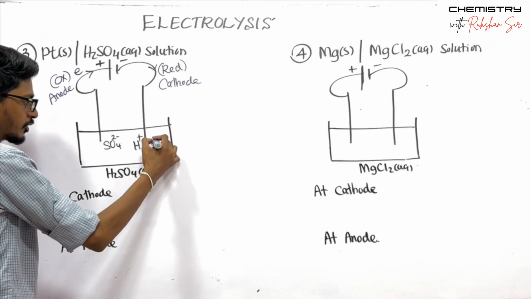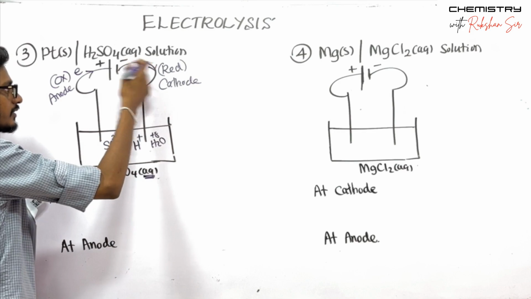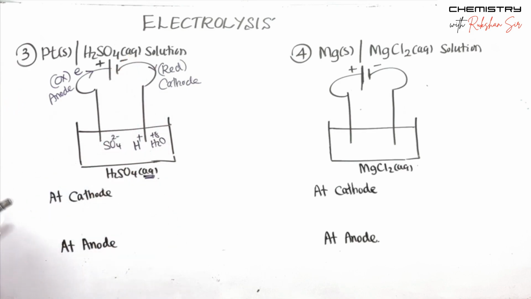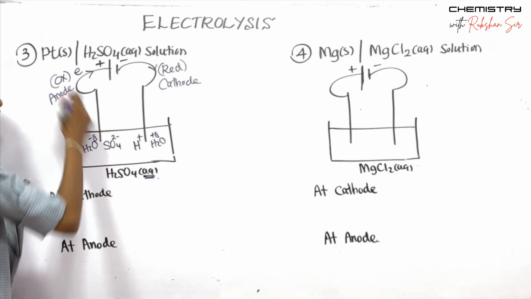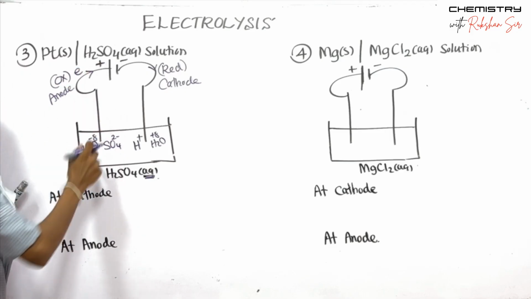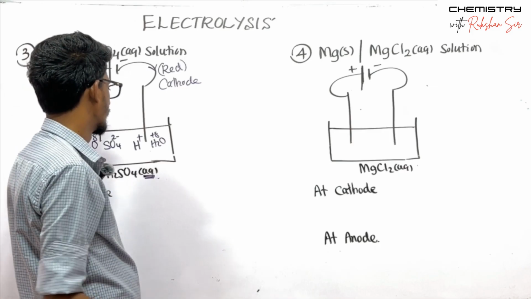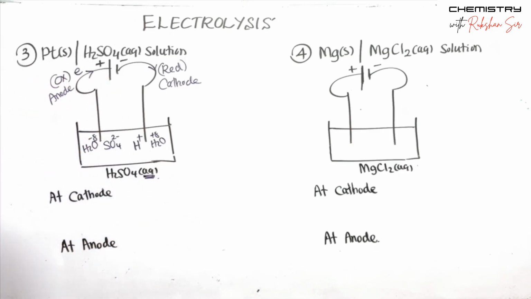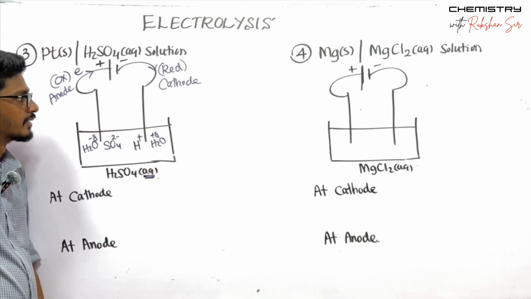So water from its positive terminal is coming towards the negative terminal. Water from its negative terminal, the oxygen terminal, is coming towards the positive terminal. Right? Those are the positionings of chemical species nearby the two electrodes.